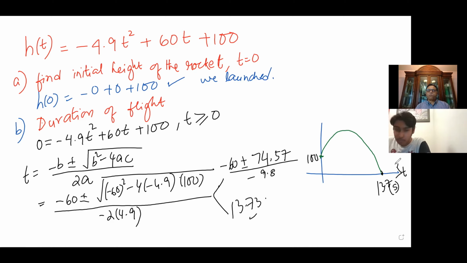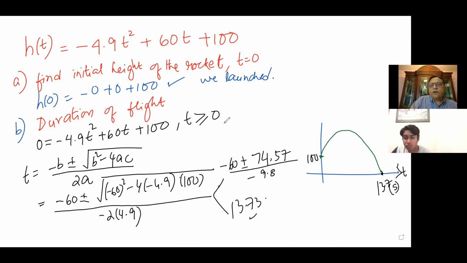I got 13.73. That's correct. I also got the same thing. We'll keep 13.7 as our time in seconds. Is that okay? So basically, the rocket is going to strike after 13.7 seconds.